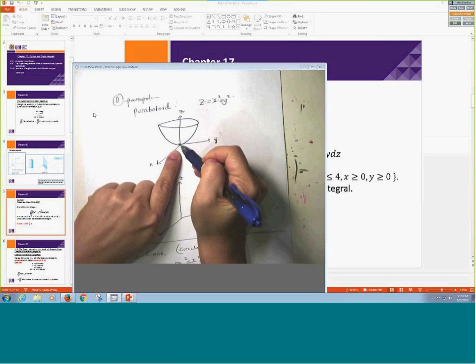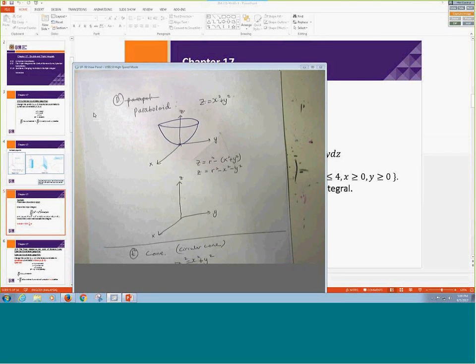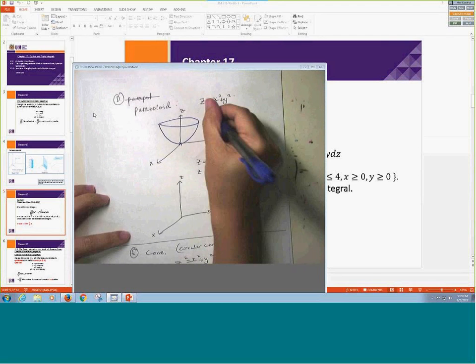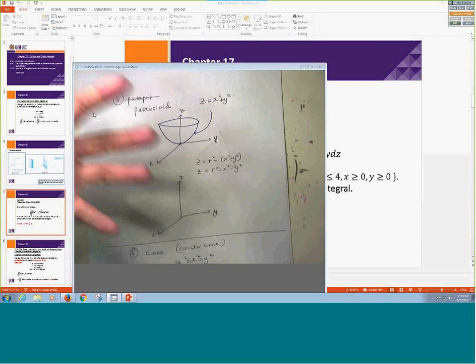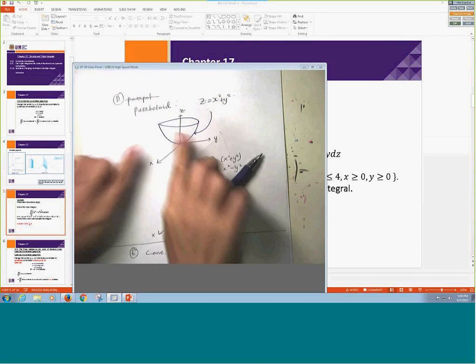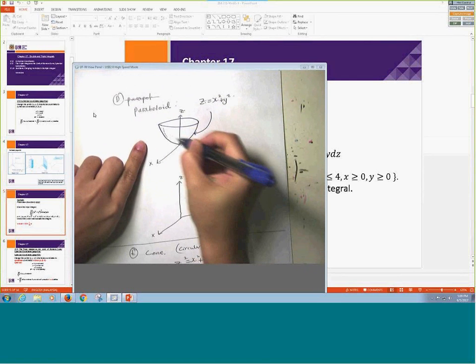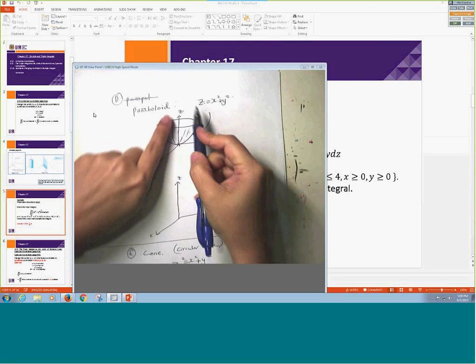So it will be this point. And remember again, this represents the surface, like a bowl. It is not covered. It's just this surface.